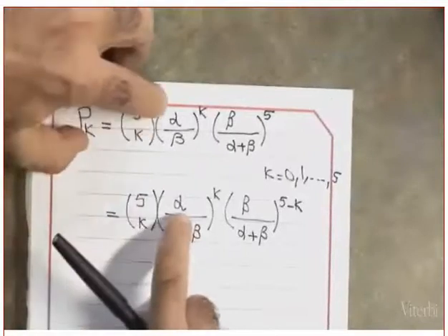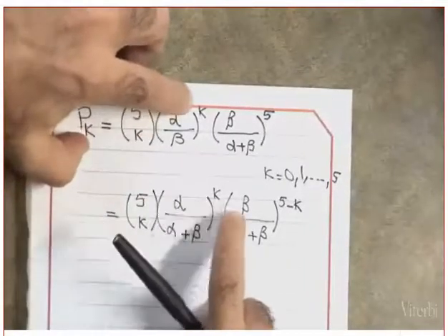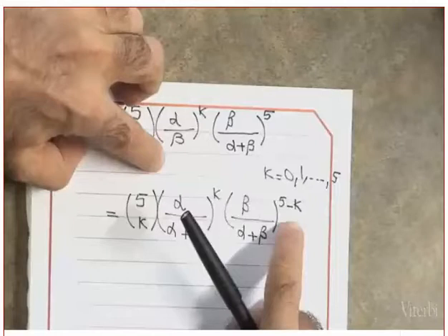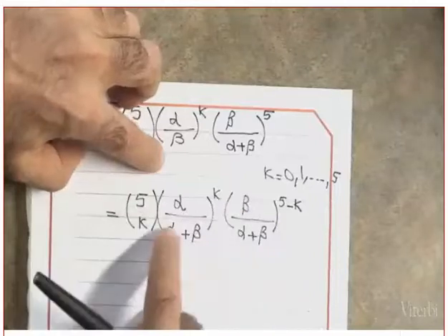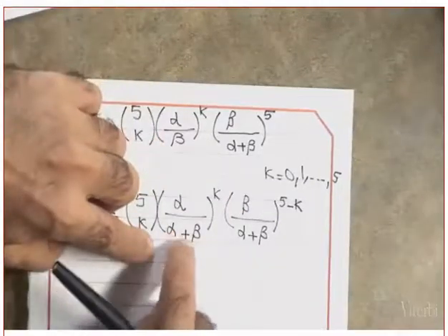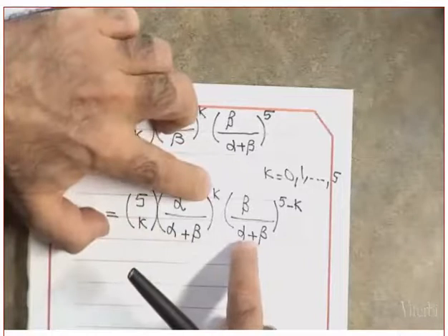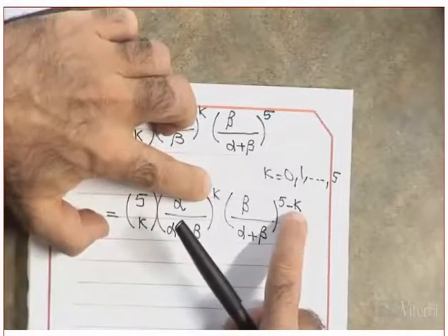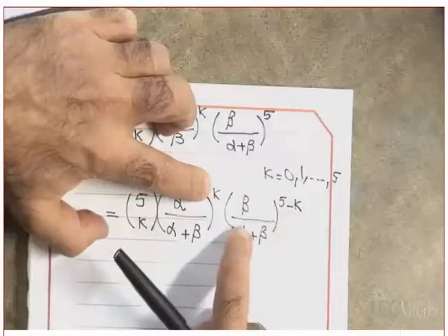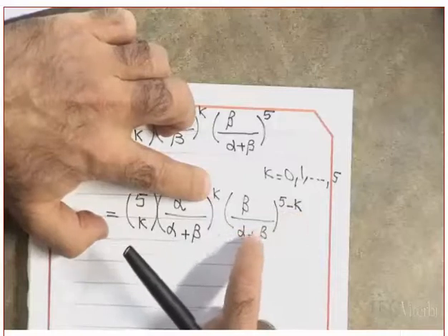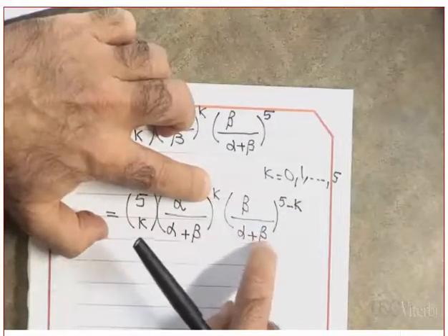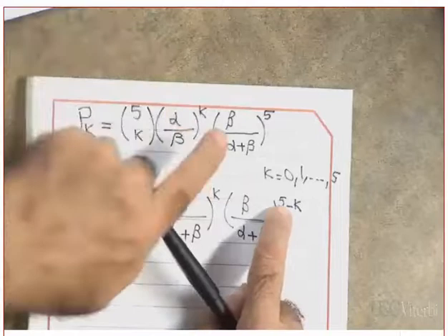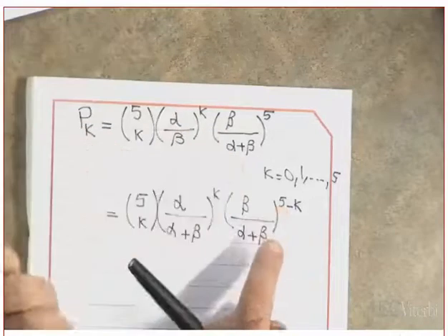Alpha to the K is this. Beta to the K is this. Beta to the minus K means this. Then alpha plus beta to the K will cancel with alpha plus beta to the minus K. Yes? So what remains? Alpha plus beta to the 5, which is this one. Did you get it?